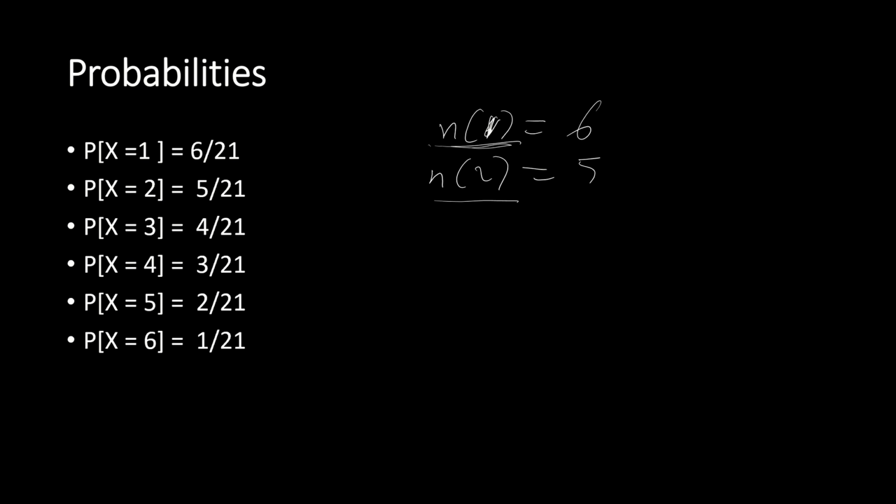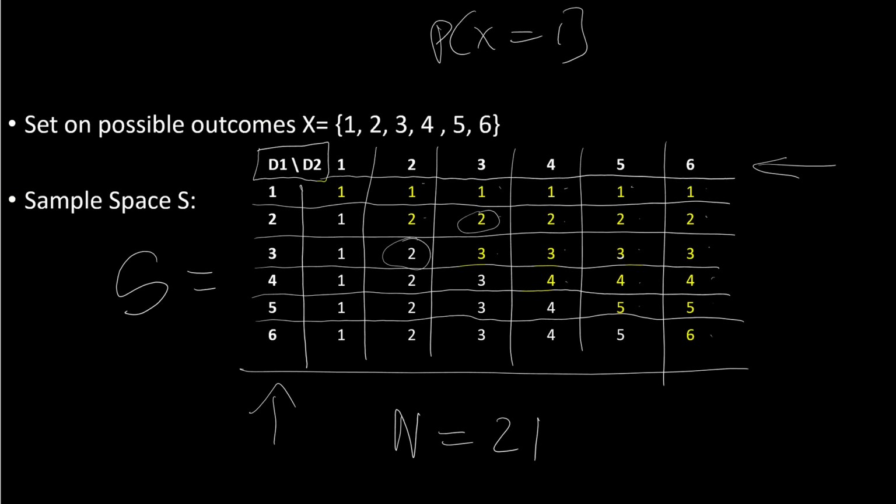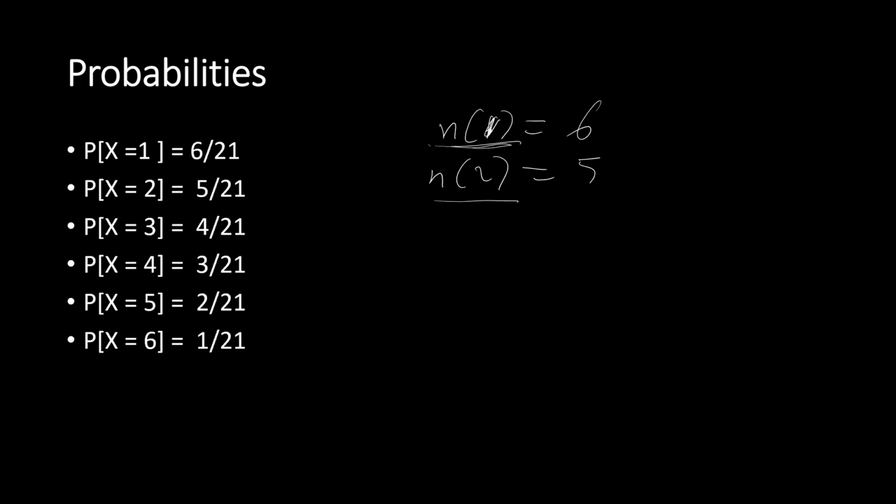So we saw that when you count the yellow numbers, we have 21 numbers. If you count how many 1s we have there, you're going to have 6. If you count how many times you have a 2, we're going to have 5 times.